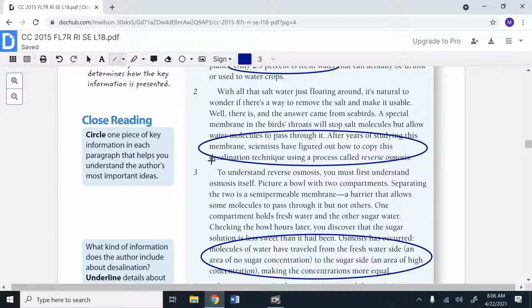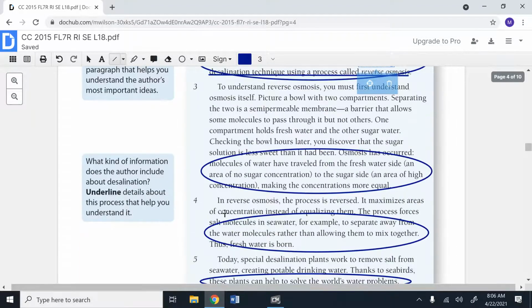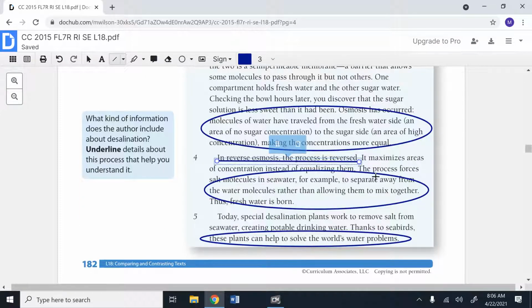So I'm going to take my underlining tool and underline this right here because they're trying to copy this. This is very important information about desalination. In the fourth paragraph, it says in reverse osmosis, the process is reversed. And later on, it says the process forces salt water molecules in seawater to separate away from the water molecules. So this tells me what desalination is.